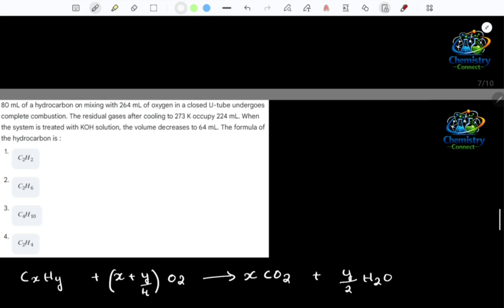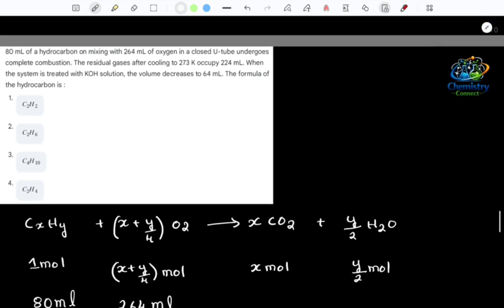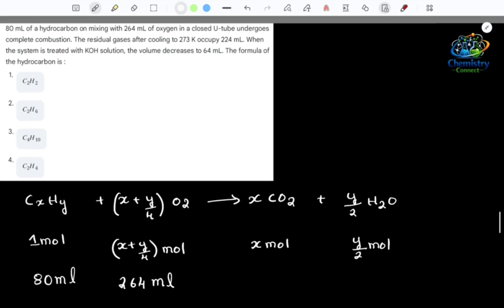In a closed U-tube it undergoes complete combustion. The residual gases they are saying here, that means oxygen is a gas, carbon dioxide is a gas, and H2O is a liquid. So let us neglect this one.